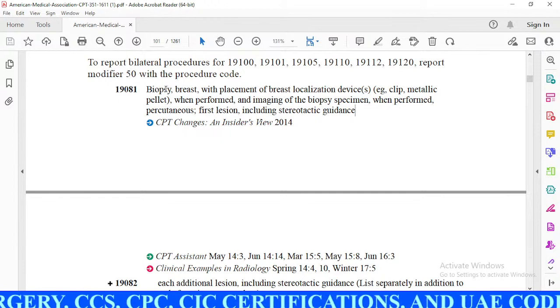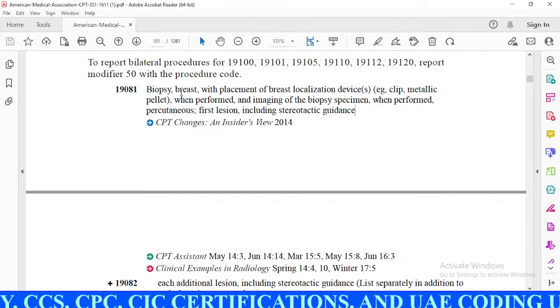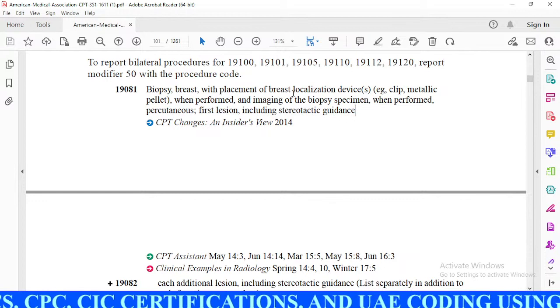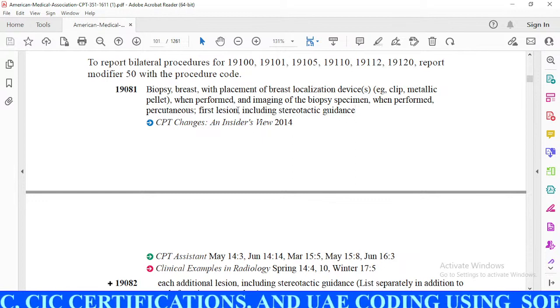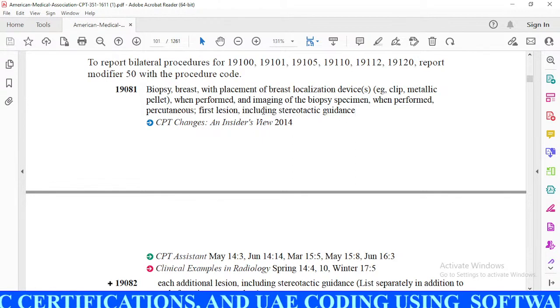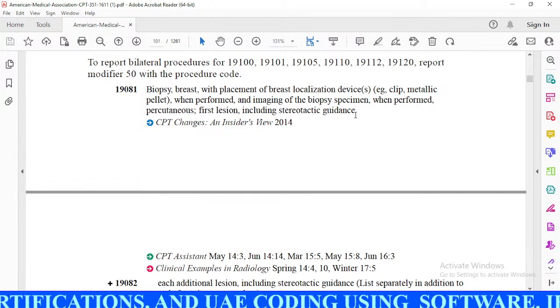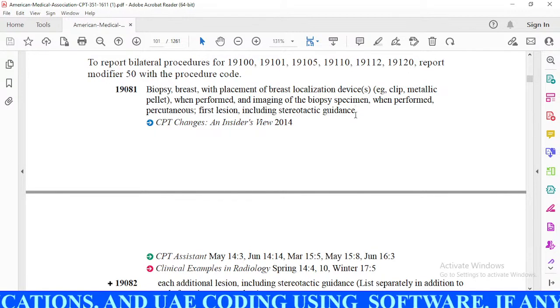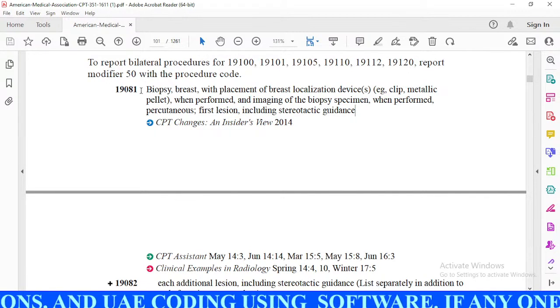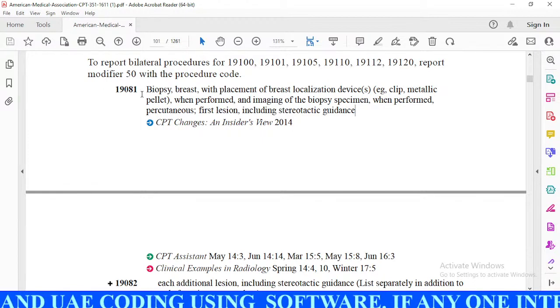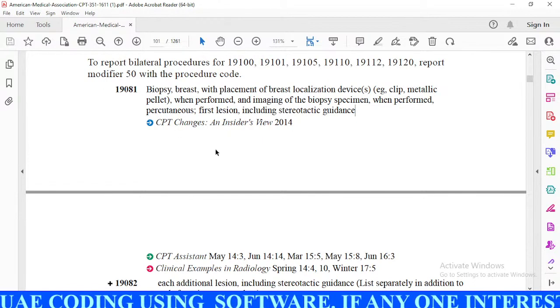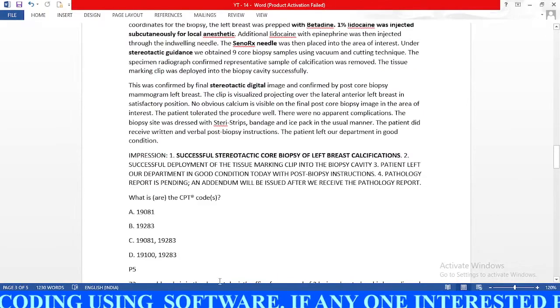So in this code, the physician may perform placement of the localization device, biopsy of the breast, and he will use stereotactic guidance. So all these three procedures will be performed in only one code. Because of that reason, our answer is 19081, which is A.